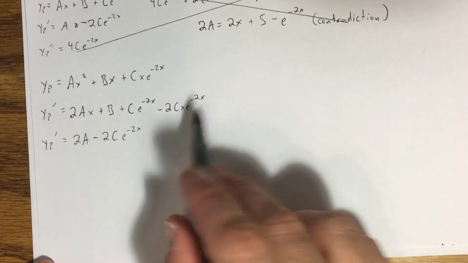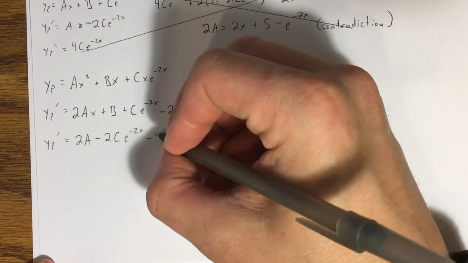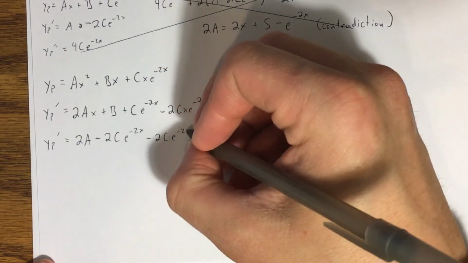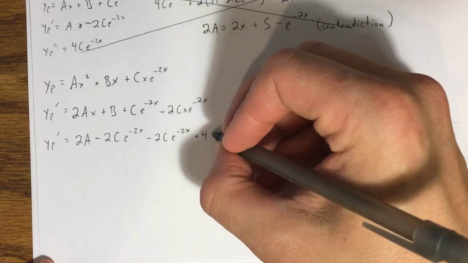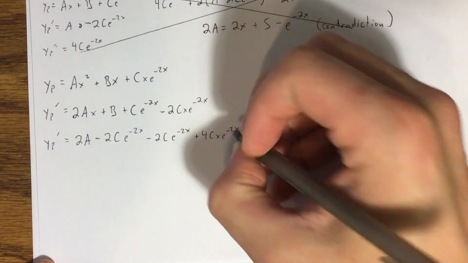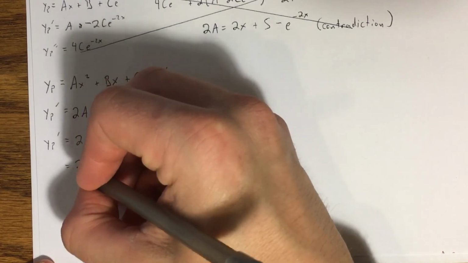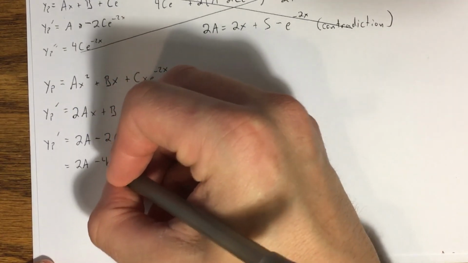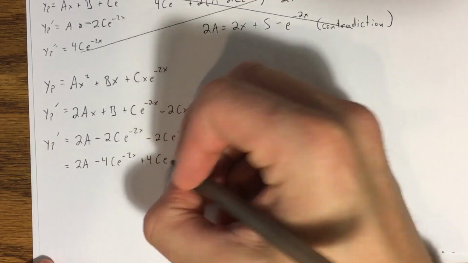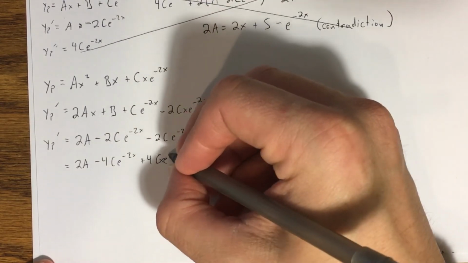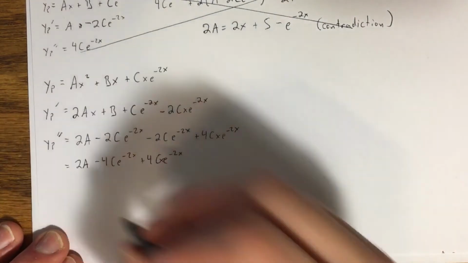Then if I differentiate this, again, I have to use the product rule, so I'm going to end up with negative 2c e to the negative 2x plus 4cx e to the negative 2x. And then I see where I have some combining of like terms that can take place here. So I have 2a minus 4c e to the negative 2x plus 4cx e to the negative 2x. Okay? That should be a double prime right there.